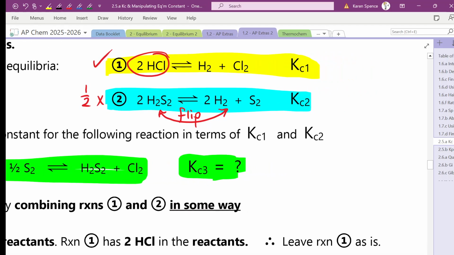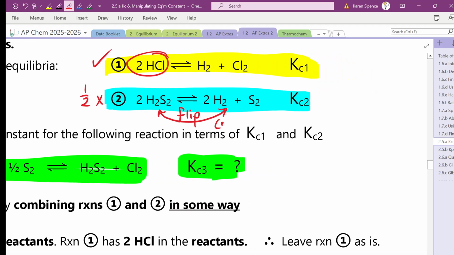In other words, we're going to reverse it. What do we do to our K value when we reverse? Yeah, Kc reverse is equal to 1 over the forward Kc, the inverse.